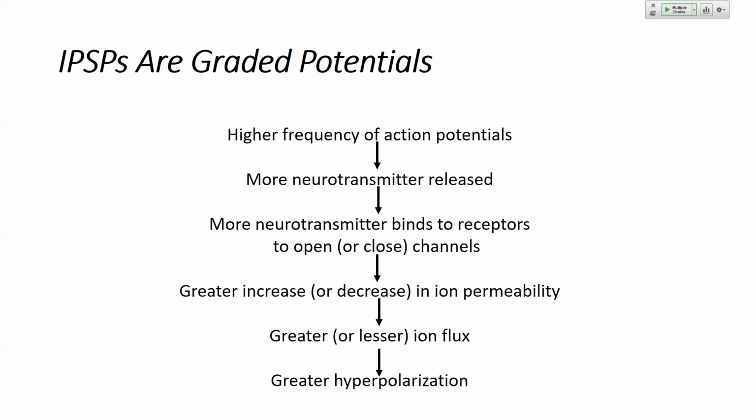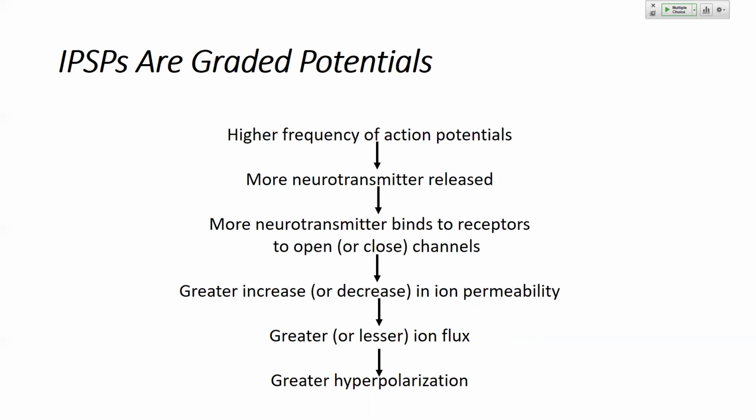So all this means is that increasing the frequency of the action potential basically increases the magnitude of the stimulus. If we have action potentials being fired at a faster rate, more frequently, we will trigger a bigger or greater hyperpolarization on the postsynaptic side. Okay, and that's what we mean by graded. We can have a small stimulus, we can have a medium stimulus, we can have a large stimulus.